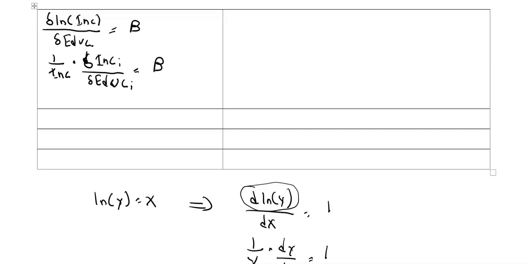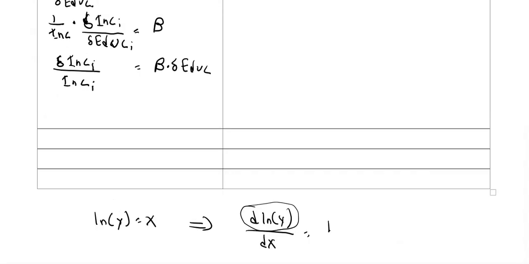With that, I can multiply delta of education on both sides to get rid of it. So I can write the next line as delta income divided by income equals beta times delta education. This is the change in education, and this is the percentage change in income.